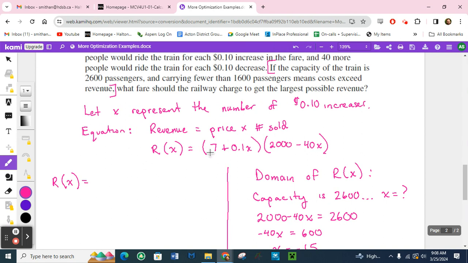So let's use some FOIL, 14,000. 7 times negative 40 is minus 280. 0.1x times 2,000 is 200x. And 0.1 times negative 40 is negative 4, and that would be x squared.